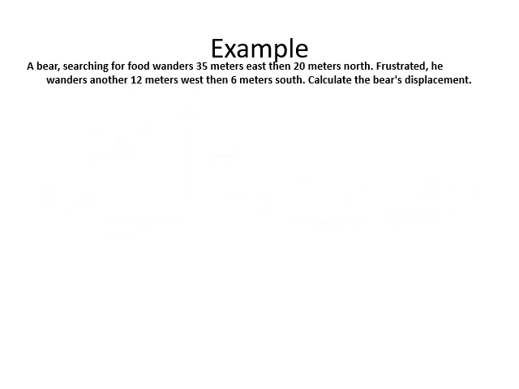Let's try this example. It says a bear searching for food wanders 35 meters east, then 20 meters north, and then frustrated he wanders another 12 meters west and 6 meters south. Now calculate the bear's total displacement.